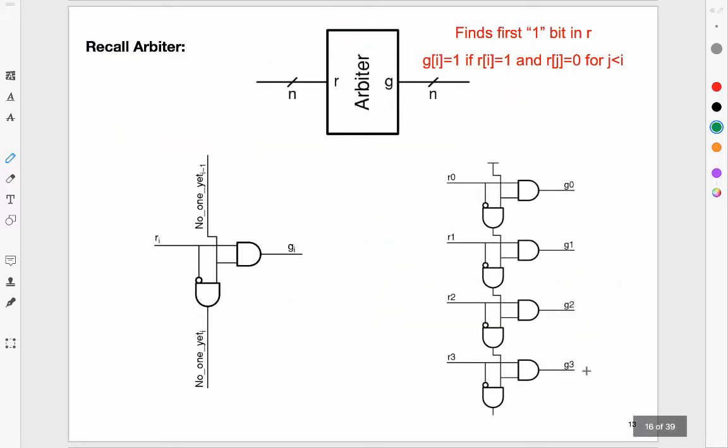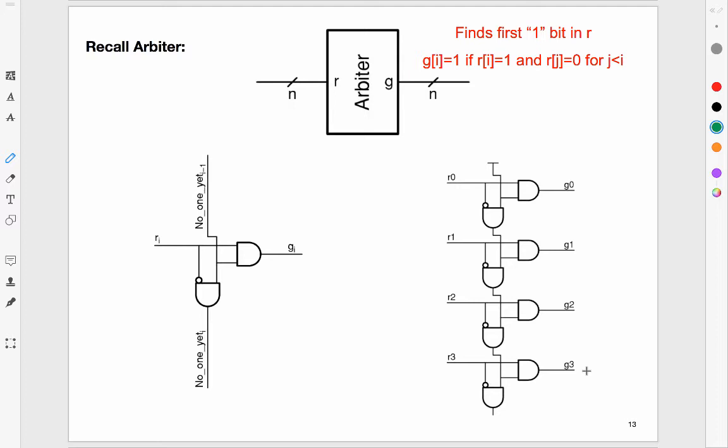Recall the arbiter. I bet most of you have forgotten because I never asked any questions on it during the homework. What did the arbiter do? It selected a winner, right? The way it worked was, the arbiter took n bits of input, a request R, and had an n-bit grant.